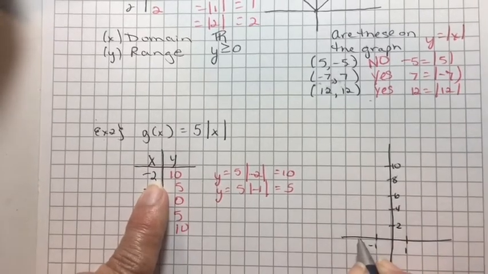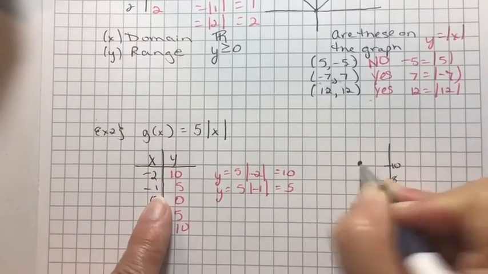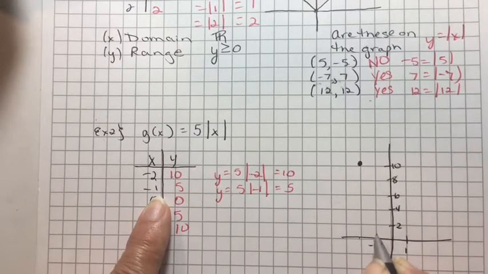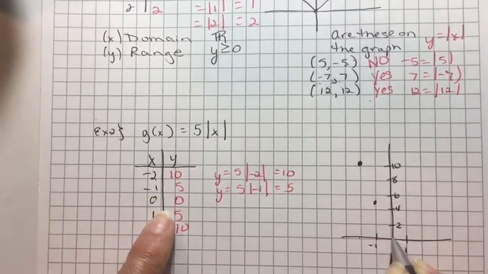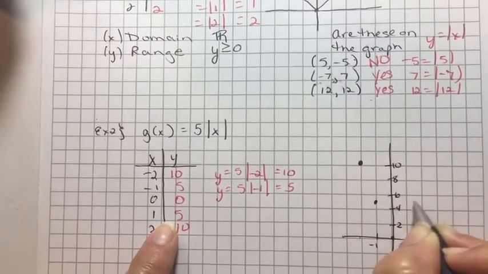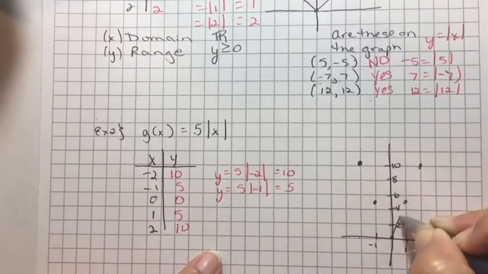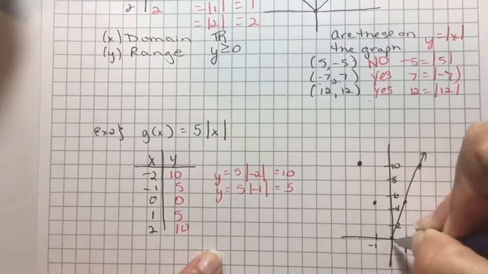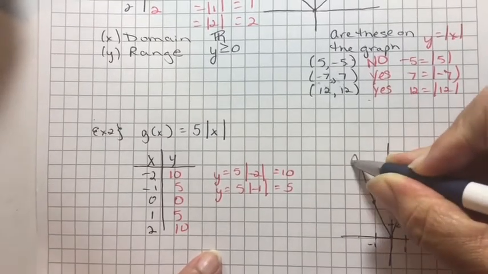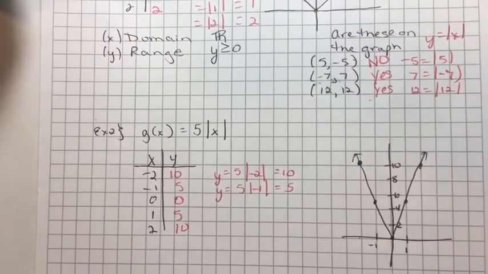So -2, +10, -1, +5. Once again, I have the v. Notice I do put arrows to indicate that it does continue on.